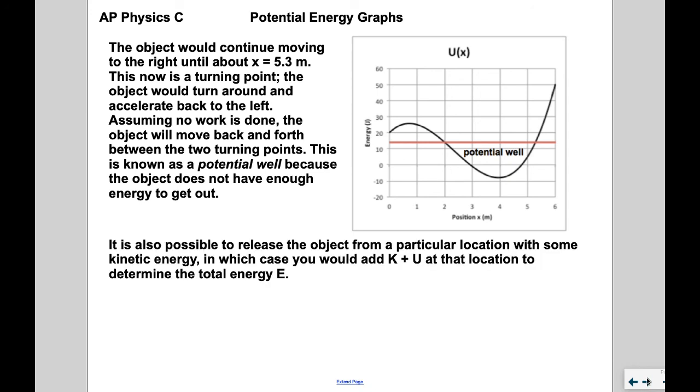Obviously, if we release the object from a particular location with some kinetic energy, then we would add the potential energy at that point plus the kinetic energy at that point to get the total energy in the system, and then that would determine where the horizontal total energy line went on the graph.